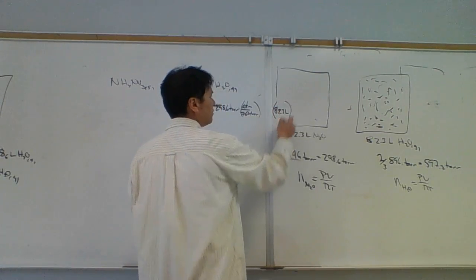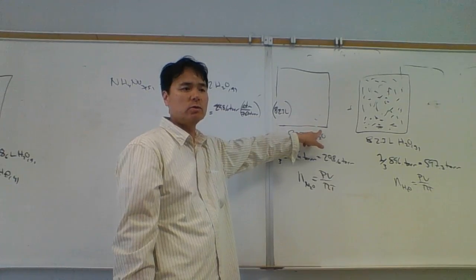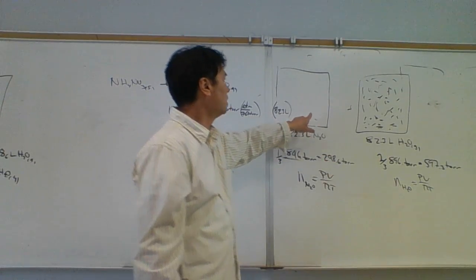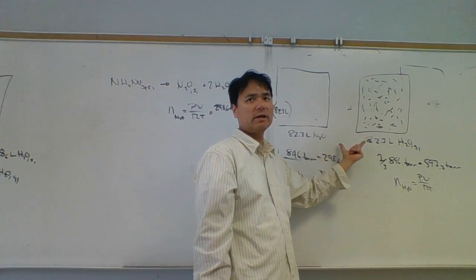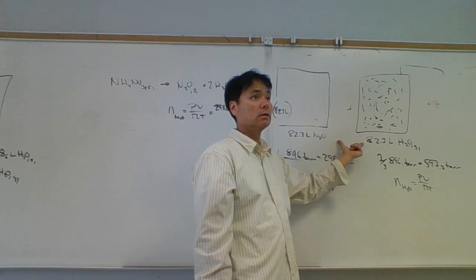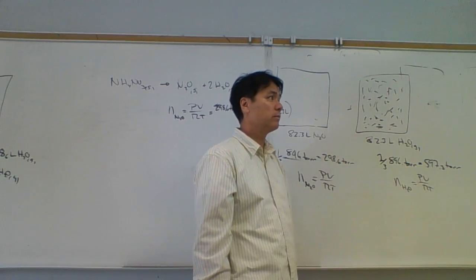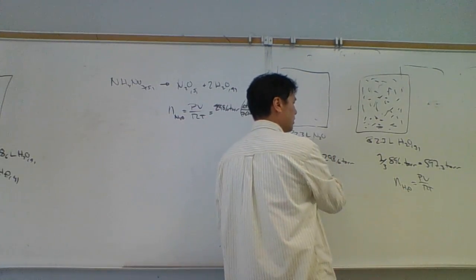The law of combining volumes fails here, because if I take 1 liter plus 1 liter, I don't get 2 liters. In other words, Avogadro's fails because Avogadro's only works when we have constant pressure, but we don't have constant pressure here.